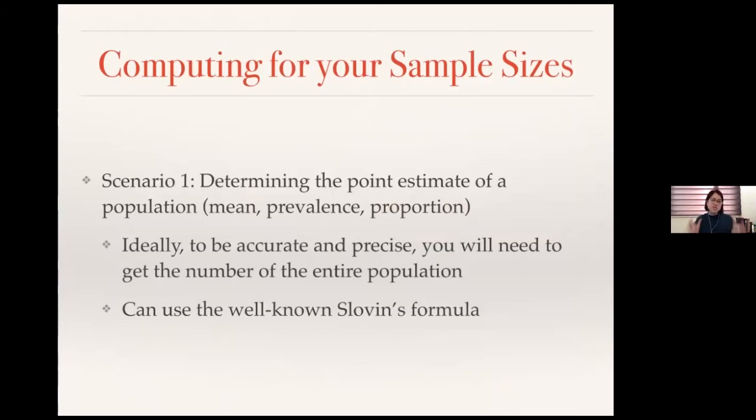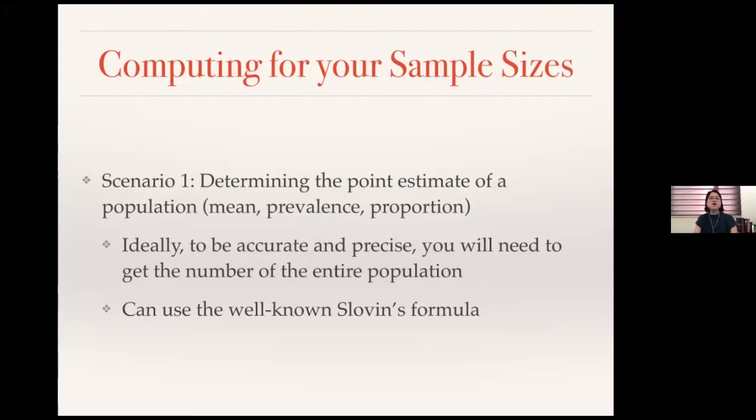We want to see the mean weight of the elderly population here in Zamboanga City. No? So, diba, like I said, it's always better that you really get all the elderly and then you measure it. That will be accurate and precise. However, that's impossible. So you have to get just a small number. So how many of that small number will you get?